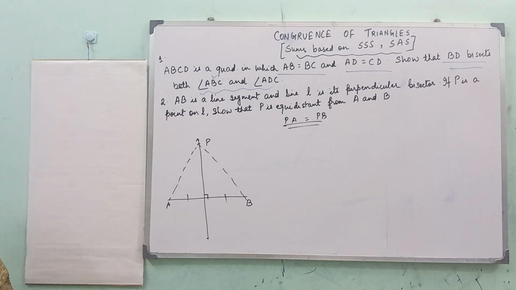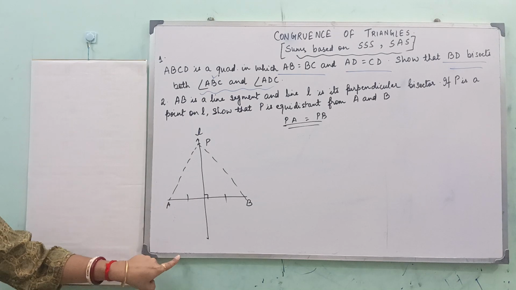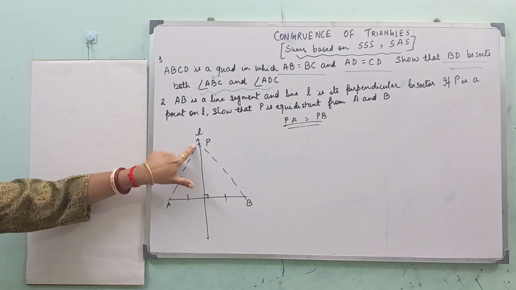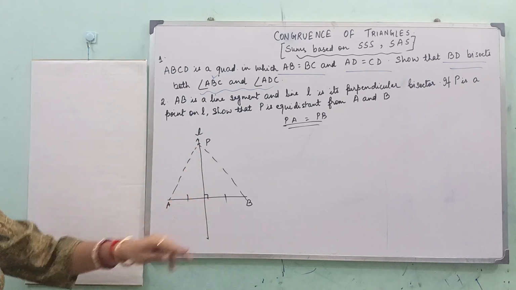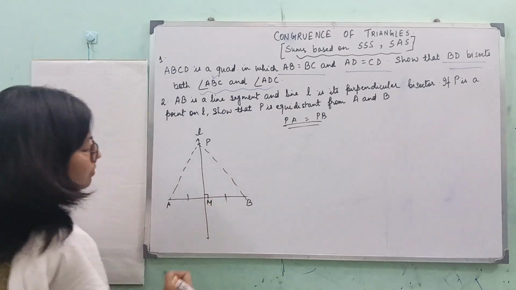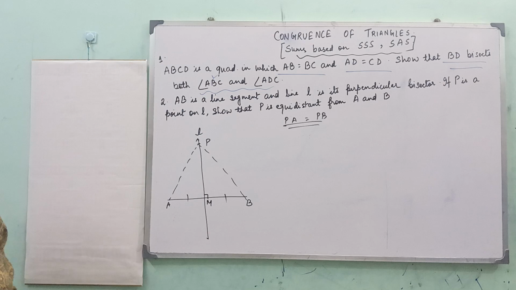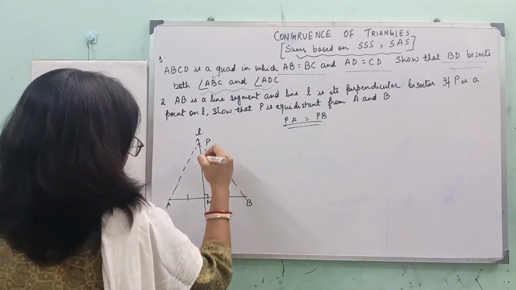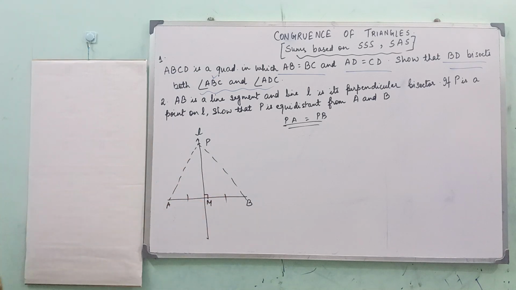So what are the things given to us? In the question we are given that line L is the perpendicular bisector of AB and P is a point on L. Let us assume it is bisecting the line segment AB at M. So we can say that MP is perpendicular to AB.